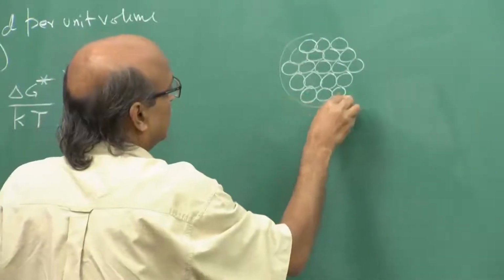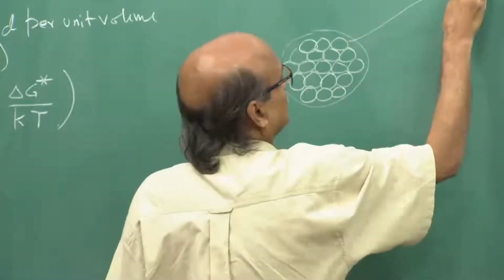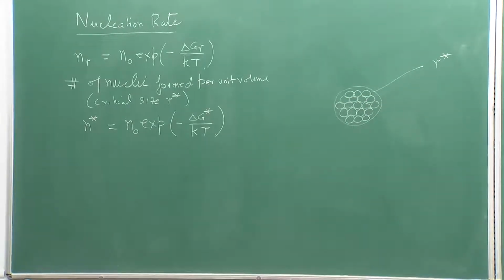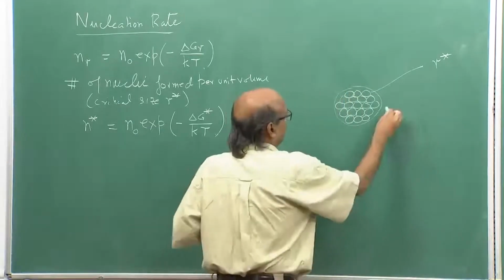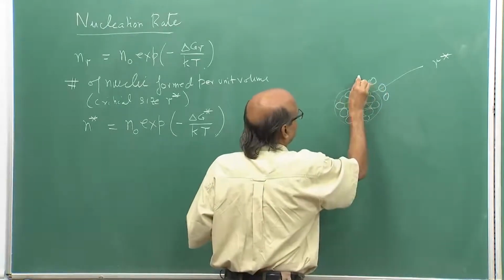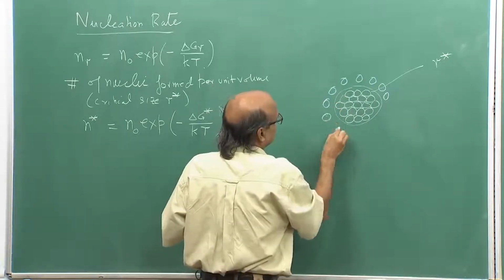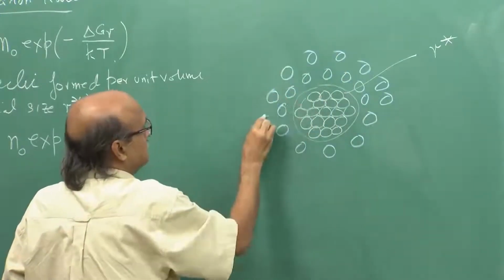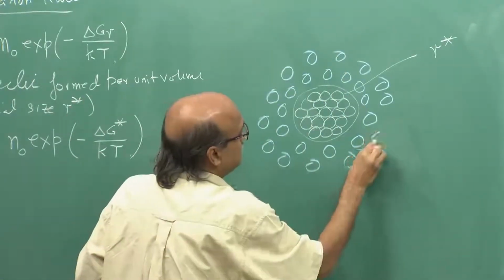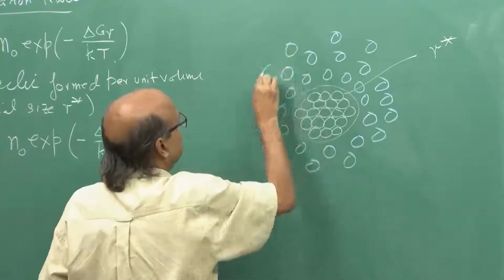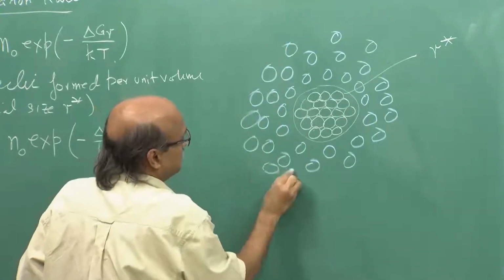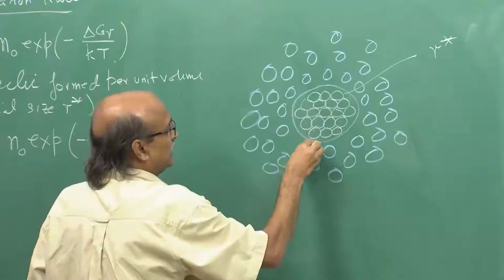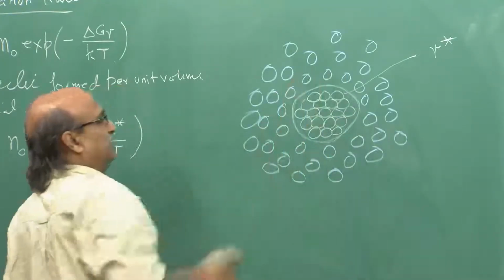So, this is my critical size nucleus of size R star, and surrounding this are liquid atoms, and this is the interface between the nucleus and the liquid.